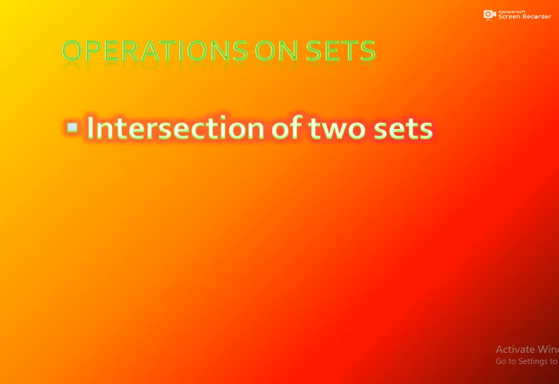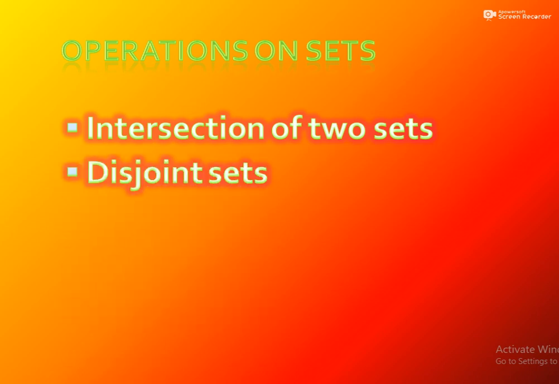So students, in the previous lecture we had solved problem set 1.3. Today we will discuss operations on sets. That means we are doing some mathematical operations on sets. The first one is intersection of two sets.